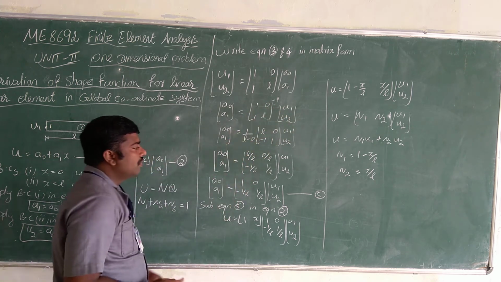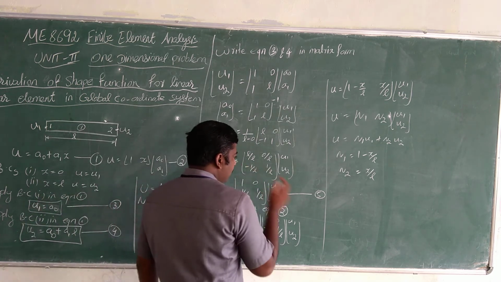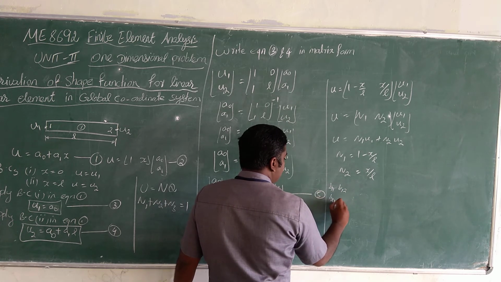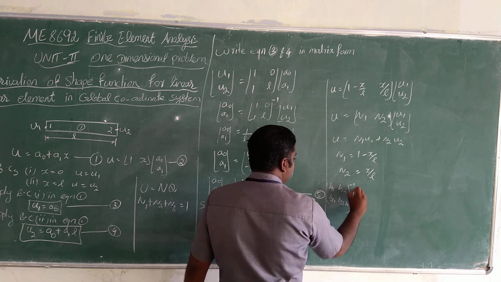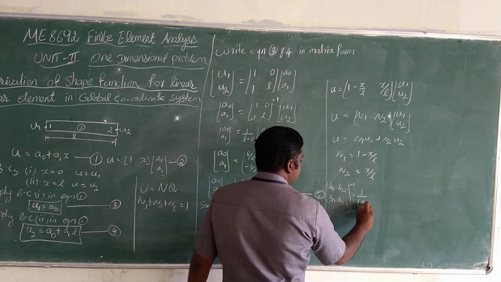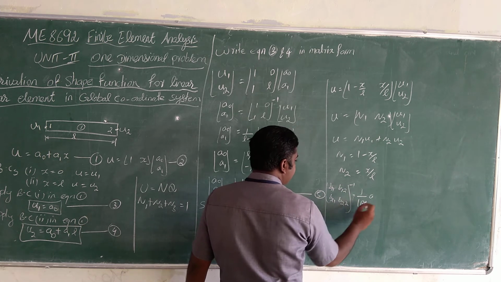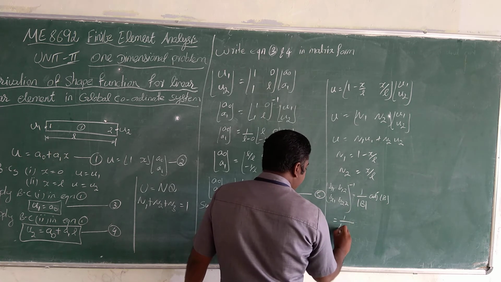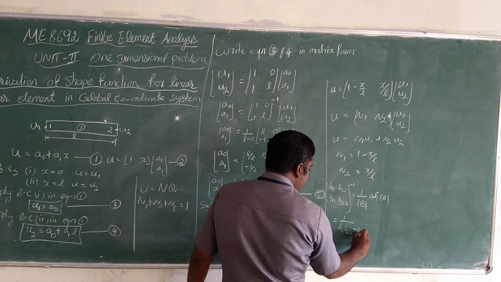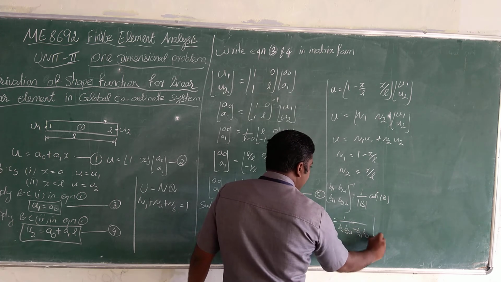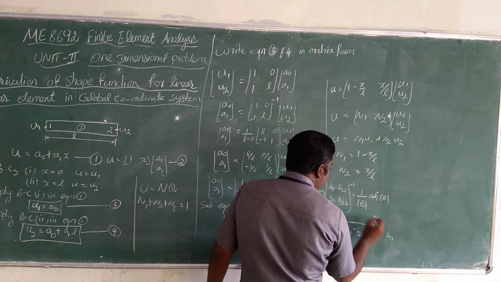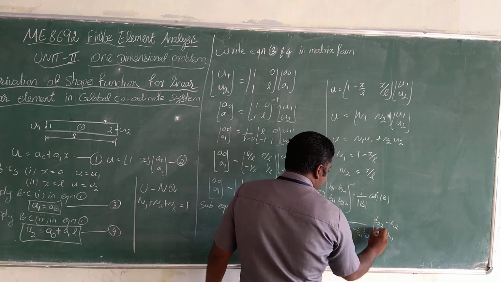We know how to find the inverse matrix. The inverse formula, as I already told you: for a matrix B with elements B11, B12, B21, B22, the inverse equals 1 by the determinant of matrix B times the adjoint of matrix B. The determinant is B11 B22 minus B21 B12, and the adjoint is obtained by interchanging the diagonal elements B22 and B11 and putting a minus sign on the other values.